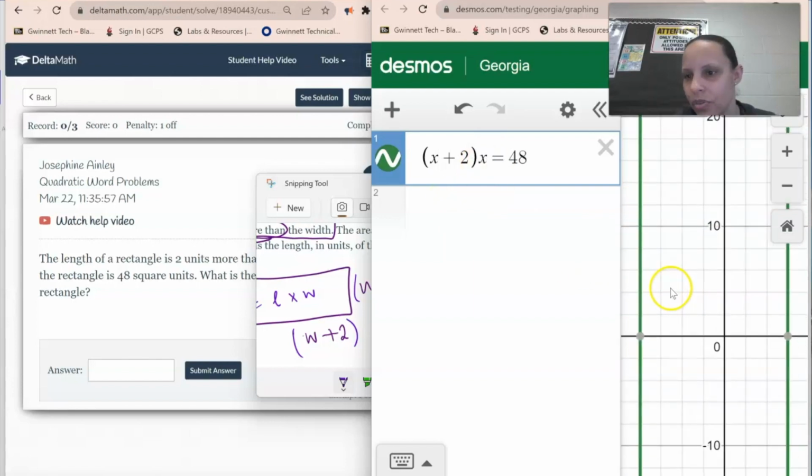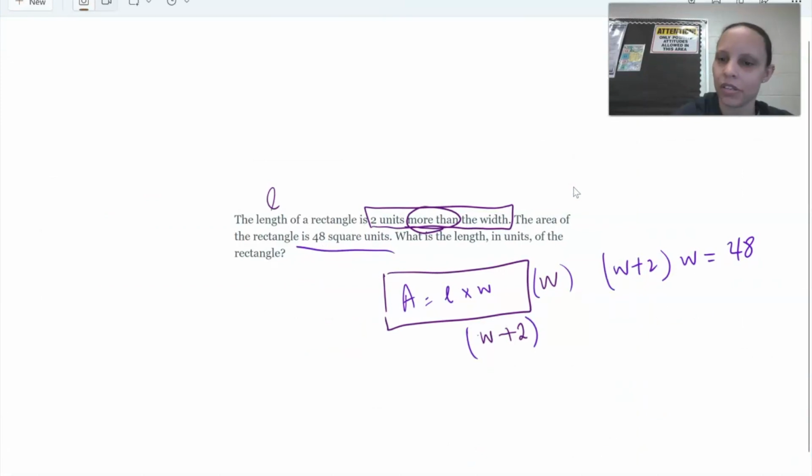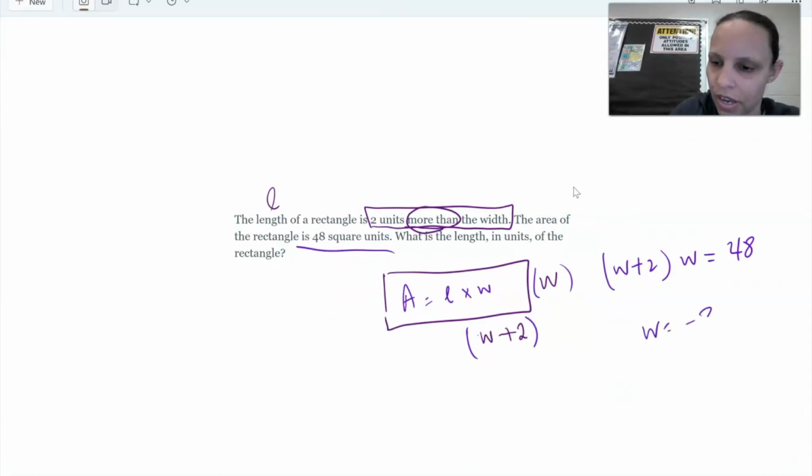And boom, as soon as you do that, what do you see? My two solutions, right? X is negative 8 and positive 6. So W is negative 8 or positive 6. Now, does it make sense for the width of a rectangle to be negative? No. So W is equal to 6. Now, read the rest of the question to make sure you're answering the question.